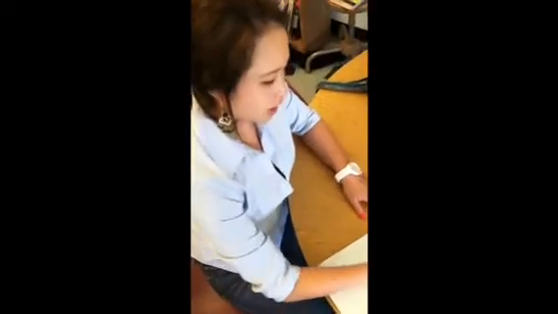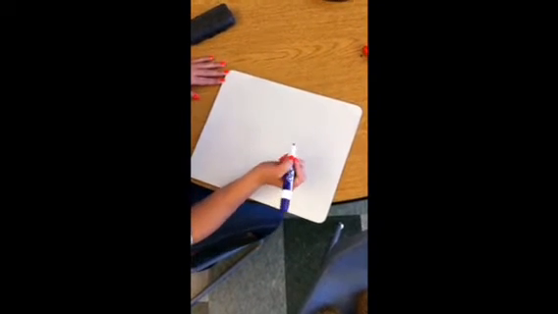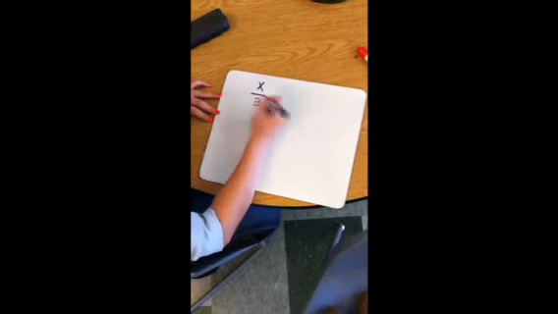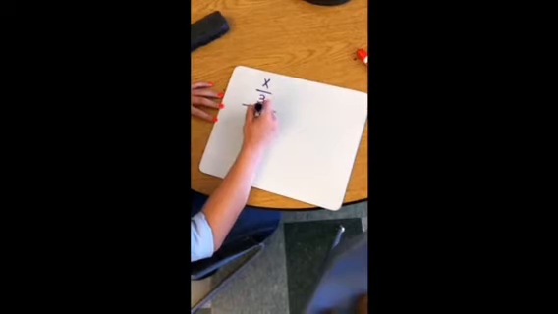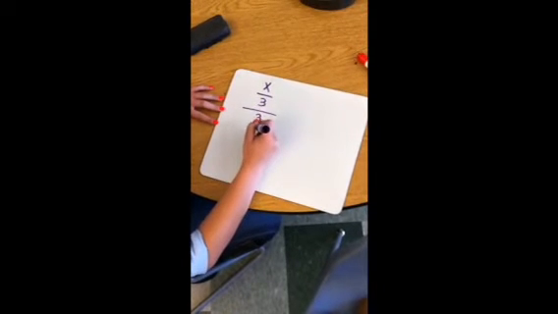Okay, this time we'll add a variable x to make the fraction a little more complicated, and let me guide you through each step. So, let's say we have x/3 divided by a normal fraction, 3/2.